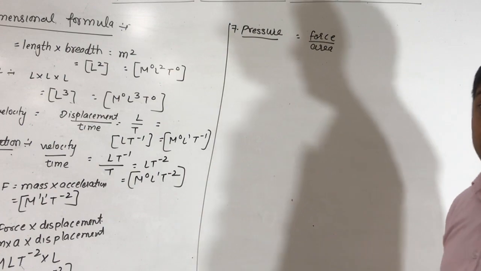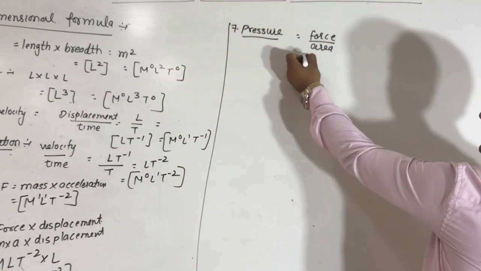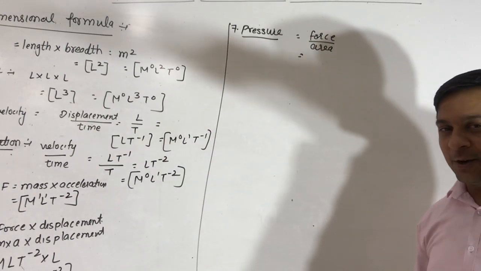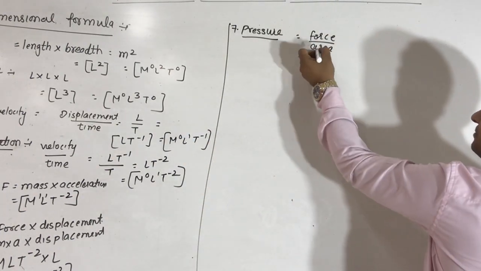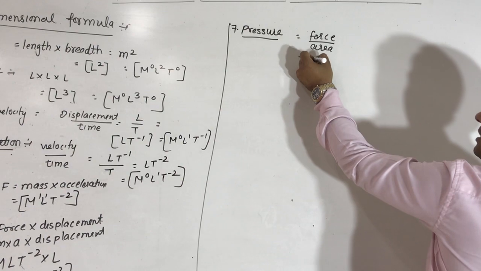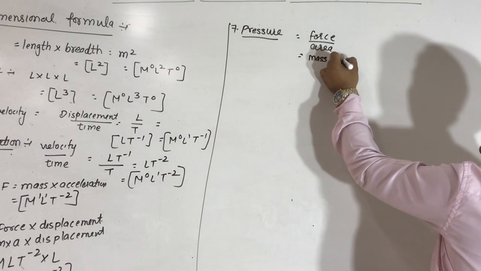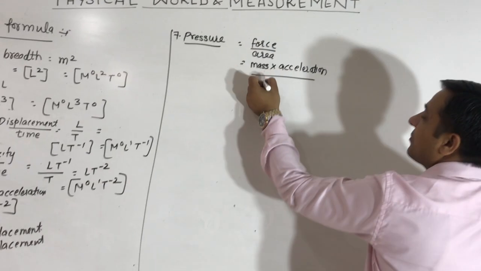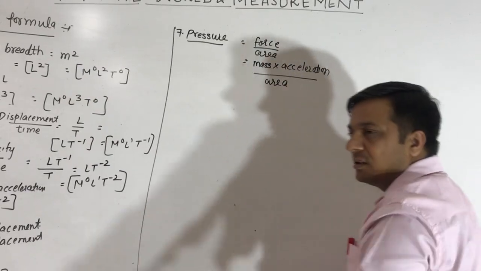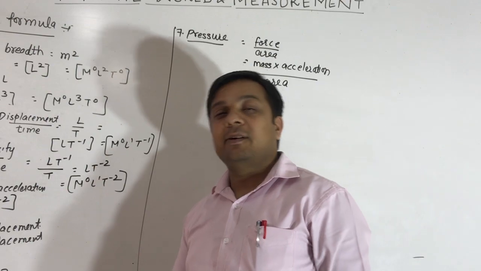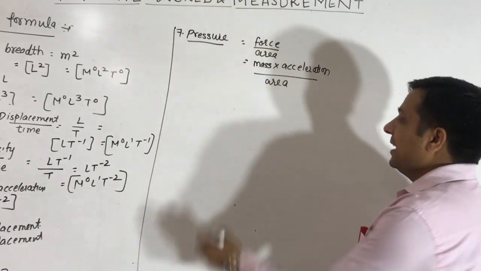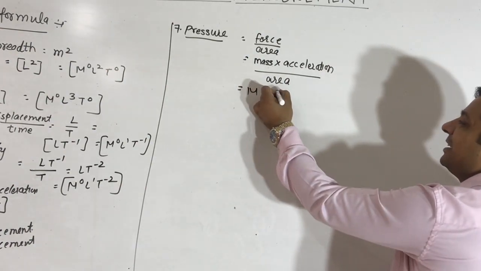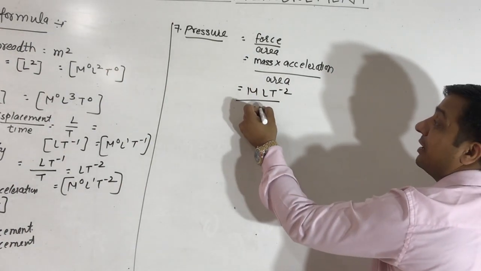Right? Pressure, force upon area. And dear students, again same, what is the formula of force? Newton's second law of motion. Force, mass into acceleration, upon area. ये acceleration है ना, ये जाने वाला नहीं है, ये तो रहेगा. Then mass M, acceleration LT^-2, area L^2.